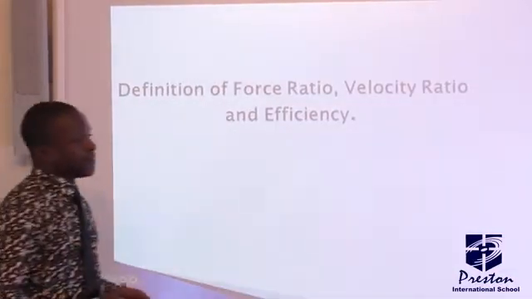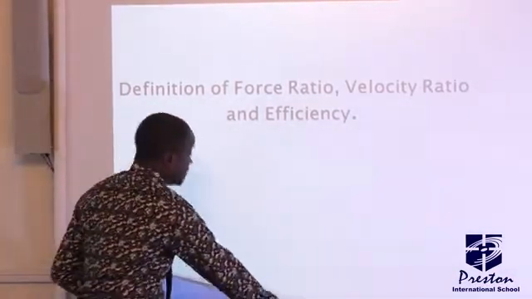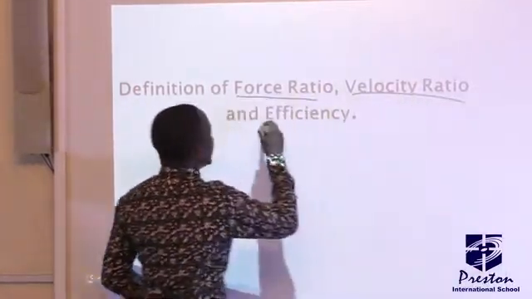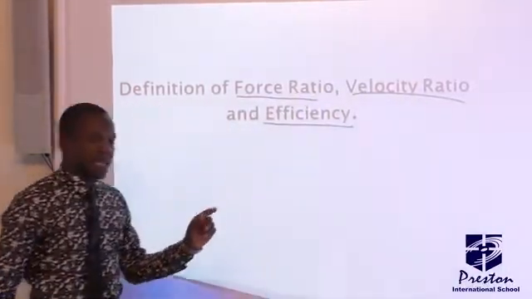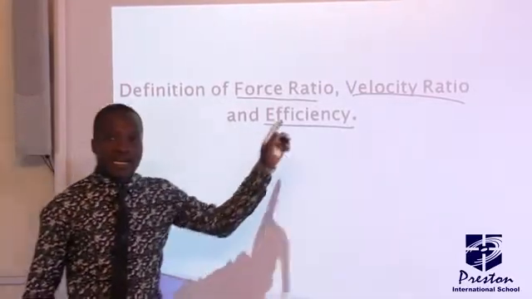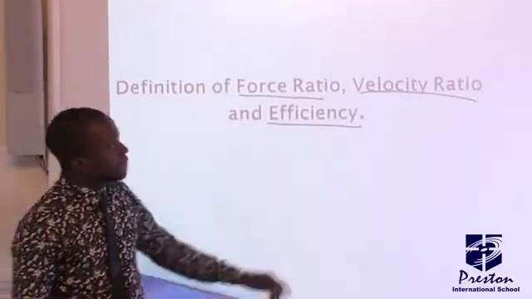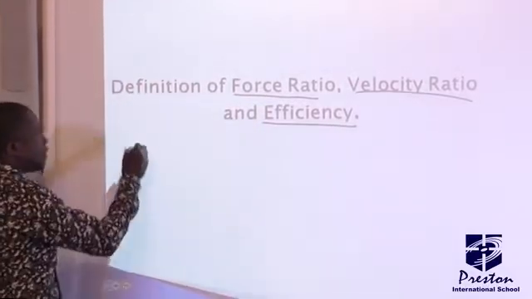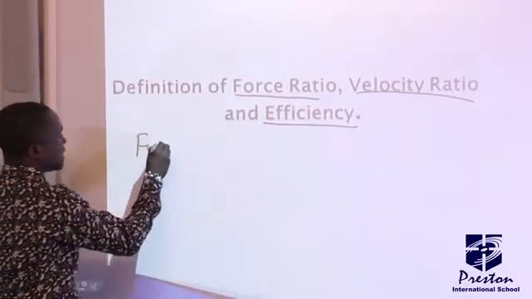Now let us look at the definitions of the force ratio, the velocity ratio, and the efficiency. Don't forget I said force ratio is also mechanical advantage. Then velocity ratio, then we have efficiency. So what is the definition of force ratio, which is mechanical advantage?